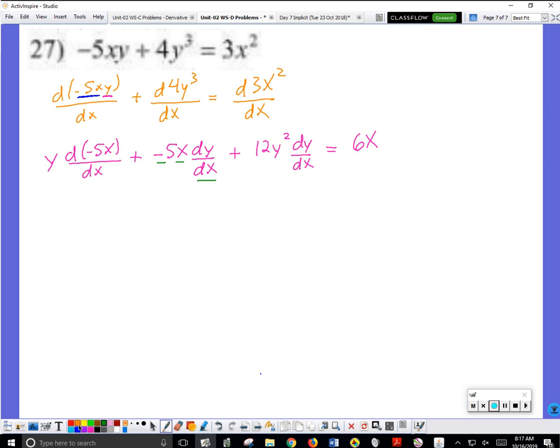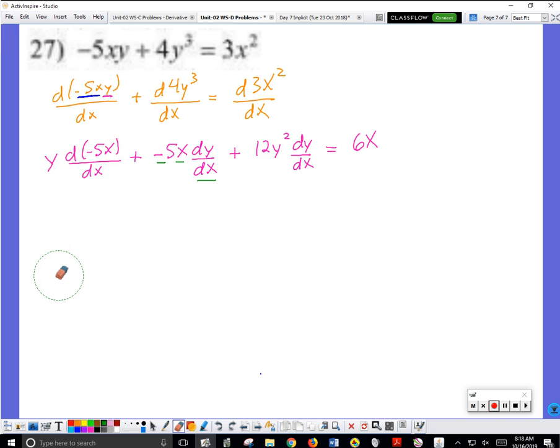Where we get into trouble is when you write something like this, where all of this is to be multiplied by this, then you have to have parentheses. In this situation, we're okay. Does that answer your question? Yeah.